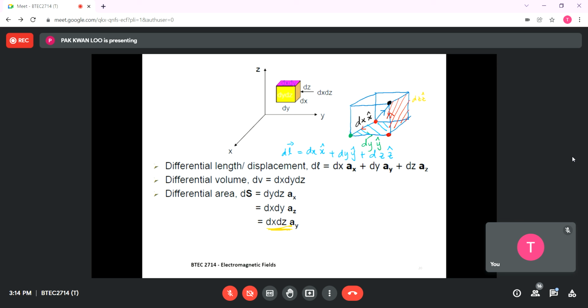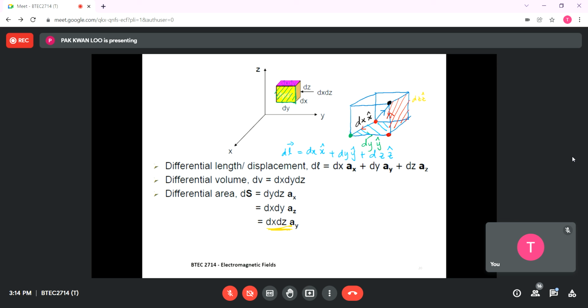And lastly, this surface, it is a bit convoluted, but for this surface here, maybe I draw it. For this surface here, it is actually dy multiply with dz. And the vector direction, which is perpendicular to this surface, is in the x direction.